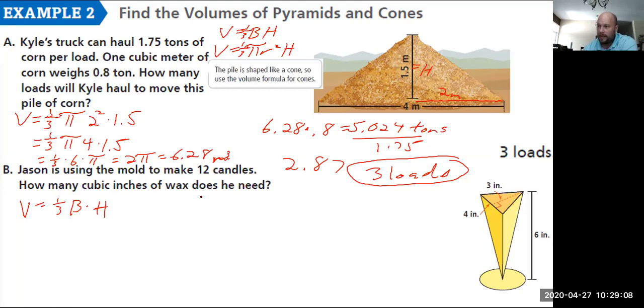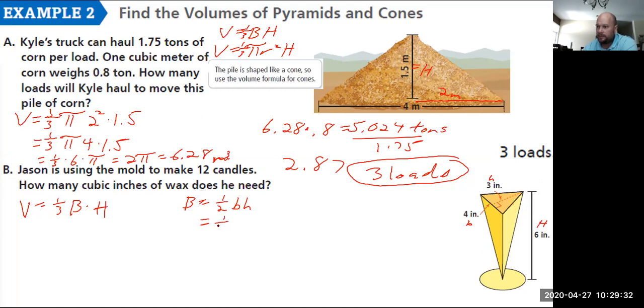So the base area will be found by using the triangle formula, 1/2 base times height. So we're going to replace those pieces with the 3 and the 4 that's here. So this could be our base. This could be our height of the triangle. The 6 over here is the height of the solid.